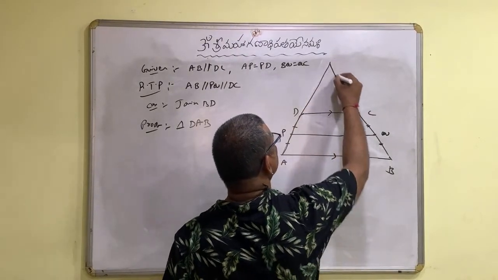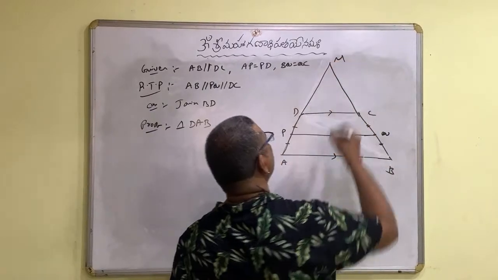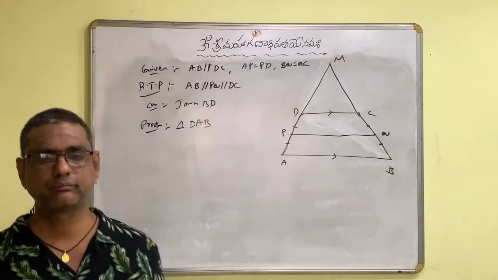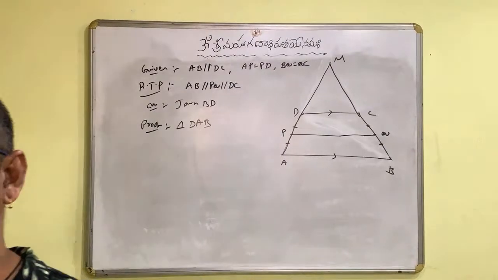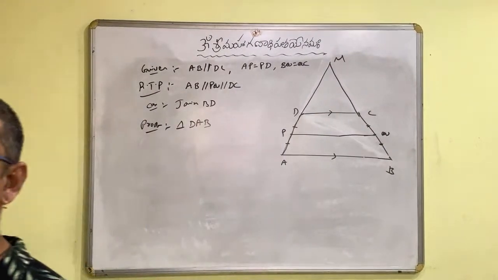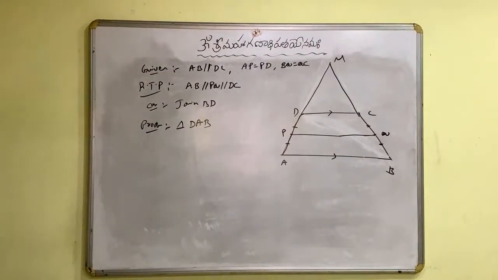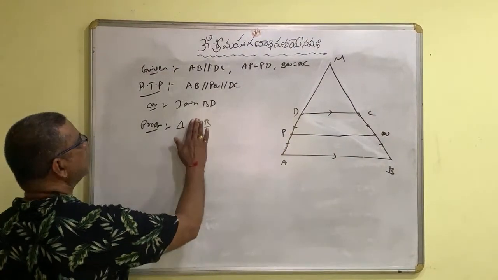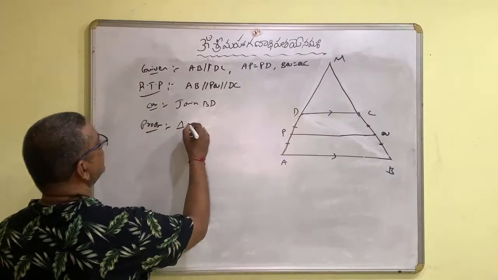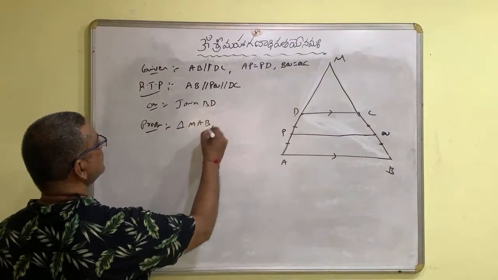Extend AD and BC so that both will meet at a point. Name that point as M. Now consider triangle MAB.